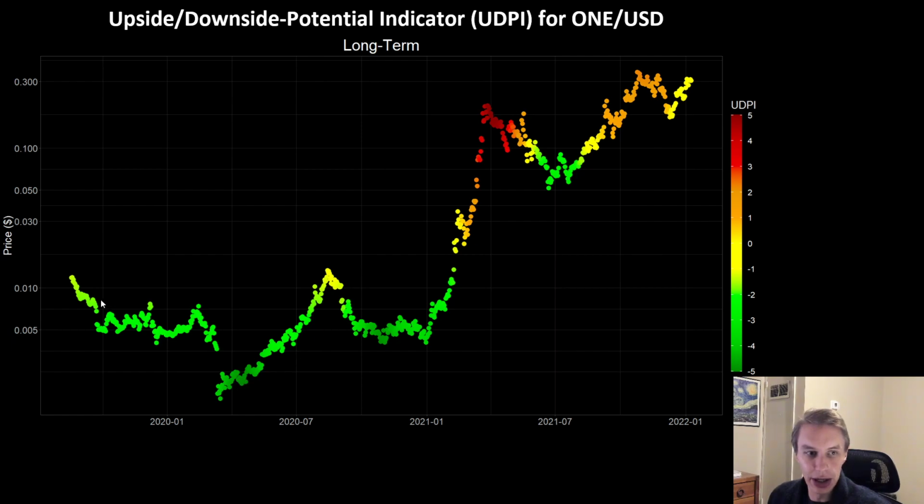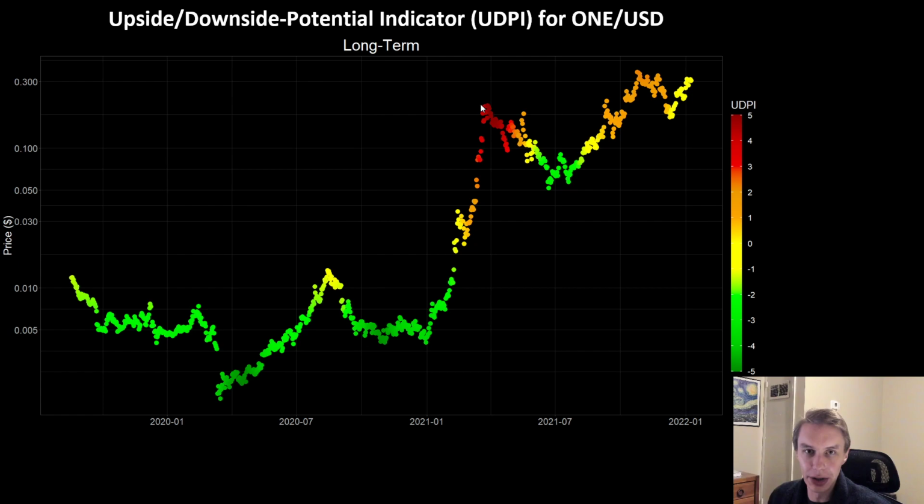So you'll see that throughout its early history, it oftentimes was in these low risk zones until it had its massive explosion in early 2021, and then came back down to a low risk zone in the summer. And now we're putting in what seems to be the next leg up for one.